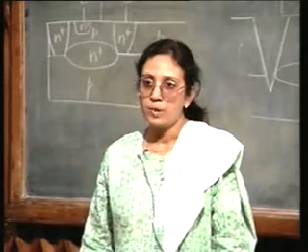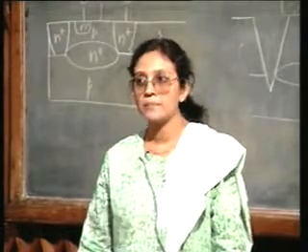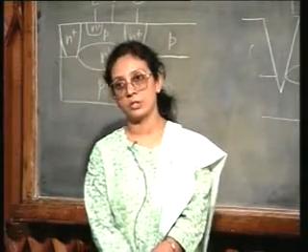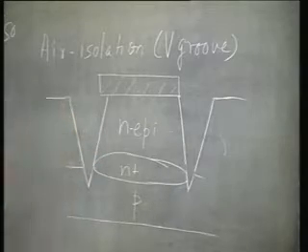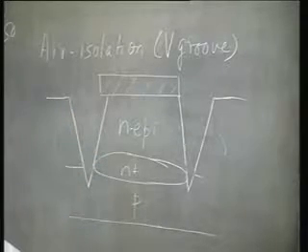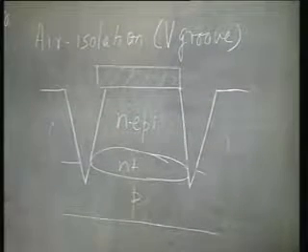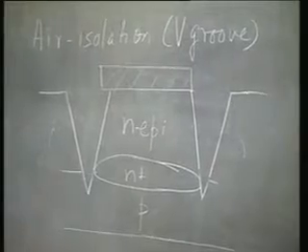The other problem of course is the problem of topography, that is it is no longer a planar technology. Look at the surface, it is all ups and downs, and with these V grooves etched in it, if you try to do any photolithography, you will have a very tough time indeed.